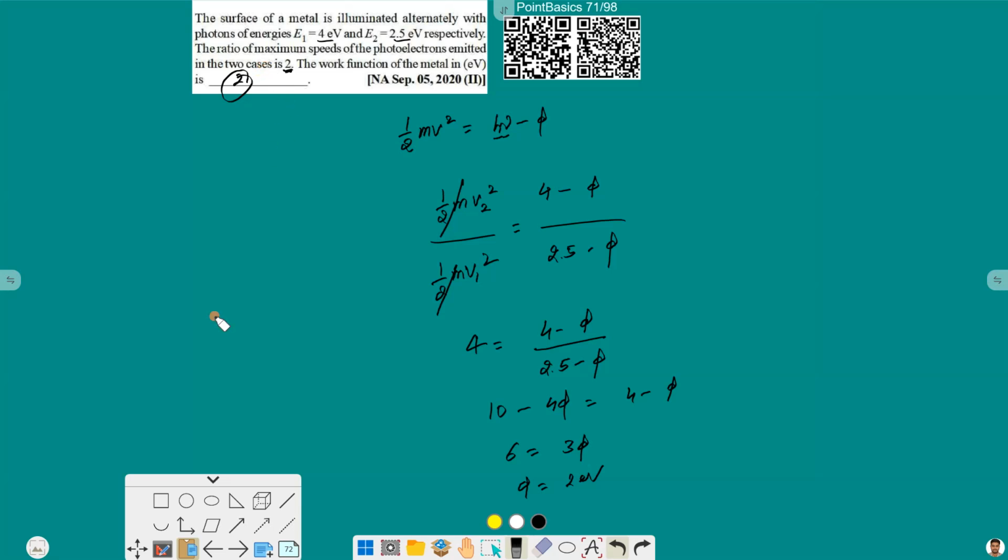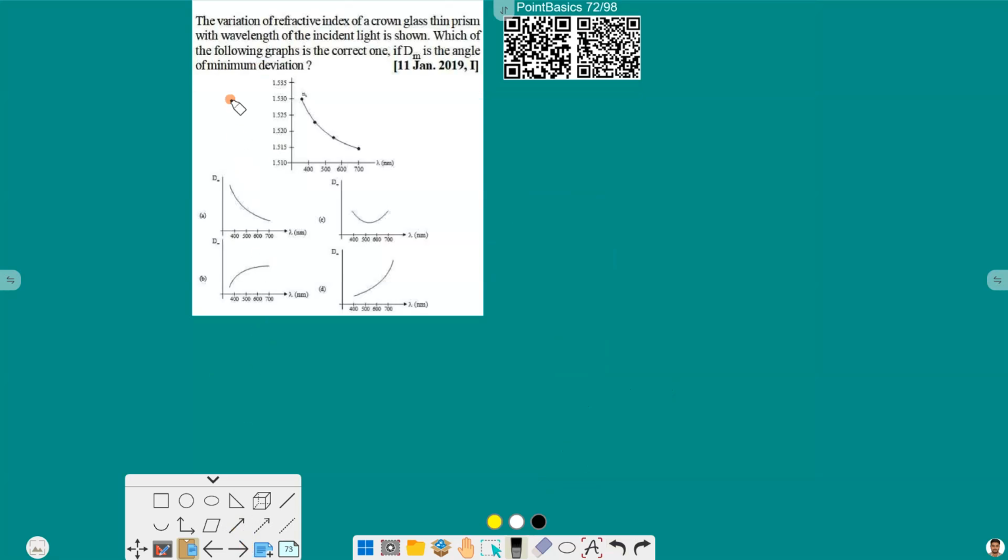Now let us move ahead. The variation of refractive index of crown glass thin prism with wavelength of incident light is shown. Which of the following graph is correct if delta m is the angle of minimum deviation?